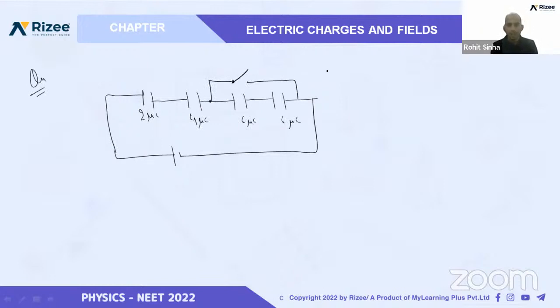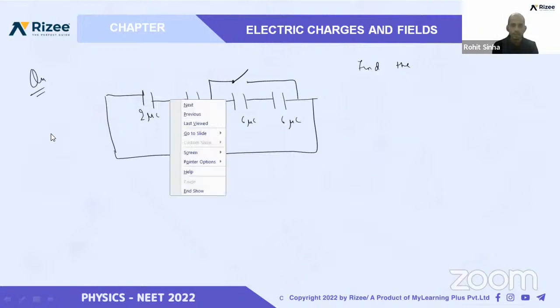Okay, we have to find, like this. We can see like this.